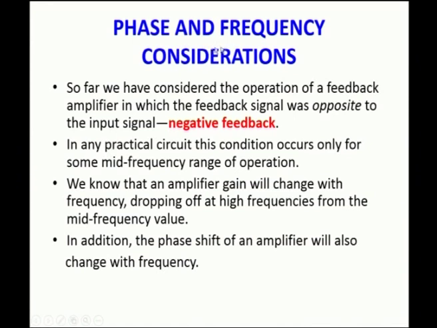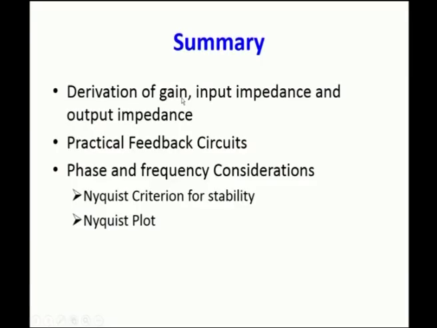So, here we will see how the positive feedback affects the amplifier and how the amplifier has to be stable, and what are all the methods for determining the stability of the amplifier in phase and frequency considerations. We will see it in the next class.